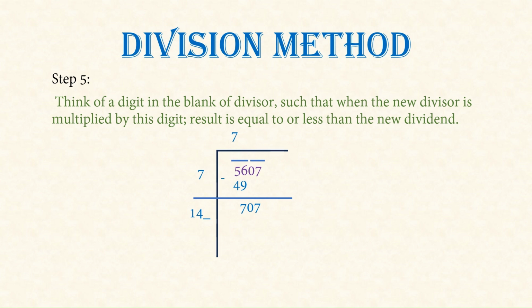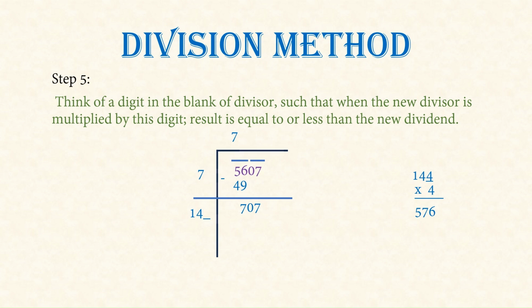So just below 7 we have 6, which can be obtained either by multiplying 4 into 4 or 6 into 6. We'll try both of them. So in place of this blank after 14, we'll try to keep 4 first and multiply the number with 4. This gives 576.